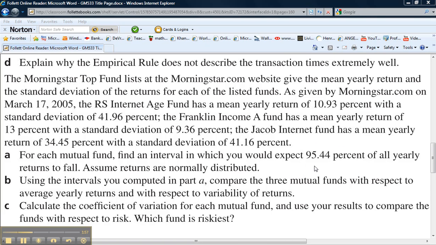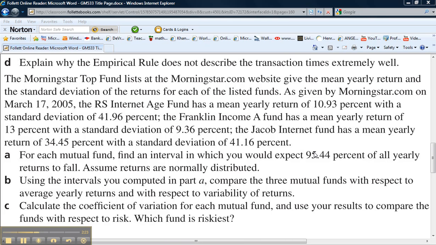They're really saying two standard deviations away from the mean when they say 95.44% of all yearly returns. So I need to find my mean and go two standard deviations to the right, two standard deviations to the left. Then you'll have an interval that would contain 95.44% of all the returns from the empirical rule.